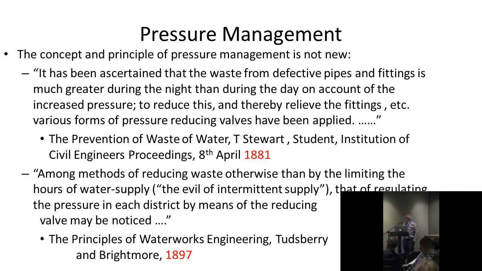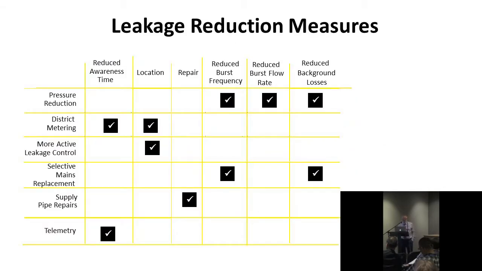And here again: "Among methods of reducing waste otherwise than by limiting the hours of supply," which the previous guy called the evil of intermittent supply, "that of regulating valves in each district by means of reducing pressure has been noted." Principles of Waterworks Engineering, 1897. So there's lots of experience out there. We've been doing it for a long time, so it's nothing new.